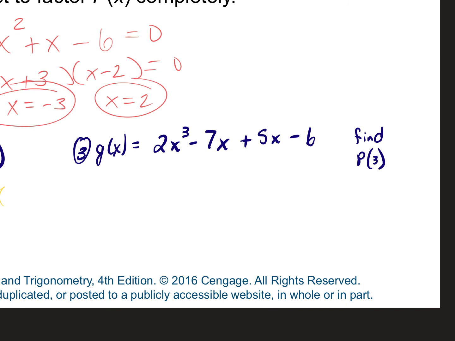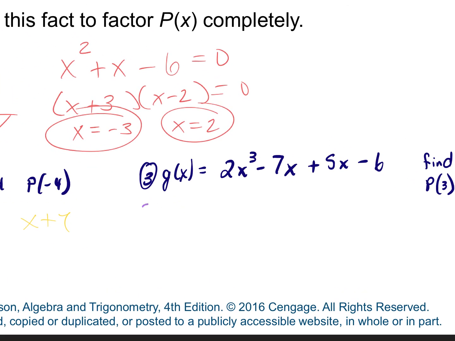All right, what am I using to synthetically divide? What number? 3. They told me to use 3 in the corner up here. So what are the coefficients? What are the coefficients? 2, negative 7, 5, and negative 6. Perfect, okay?